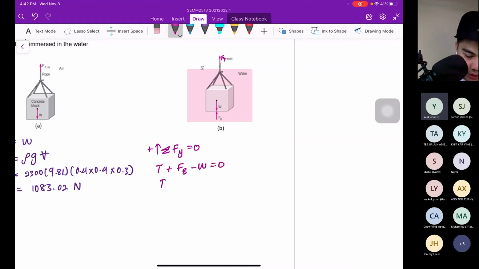So now your tension becomes weight minus FB. That means it is less tension, because buoyancy helps you. When you try to lift a rock in the water, it is much easier compared to in the air, because of buoyancy. Buoyancy helps you.